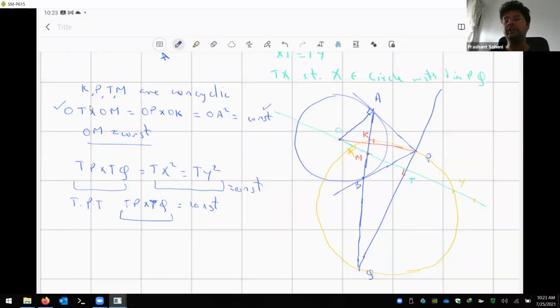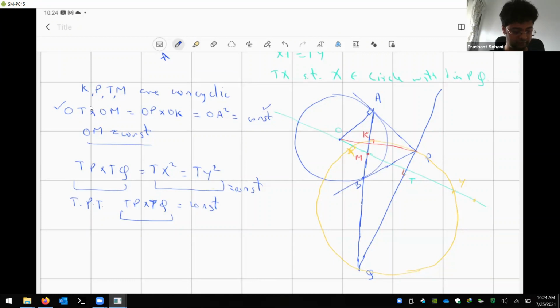So TP and TQ, I want to relate TP and TQ in some way. Do you see any opportunity to connect them based on the given information? Complete Pythagoras theorem, CPT? Sorry, your voice is very low. CPT, complete Pythagoras theorem, maybe.